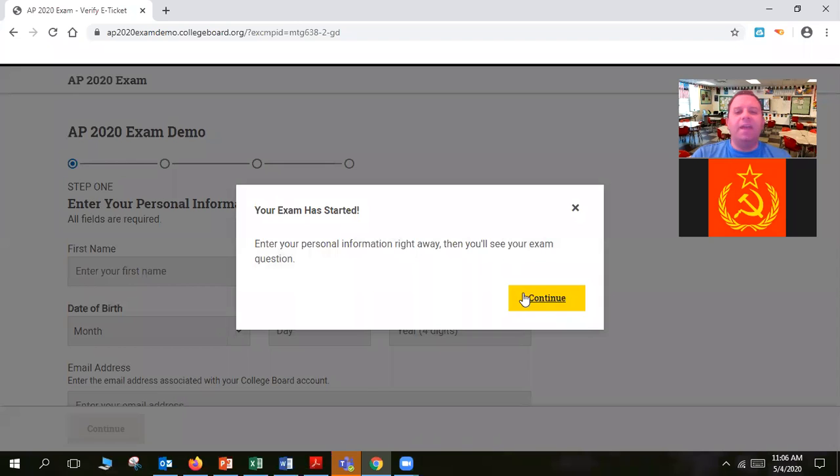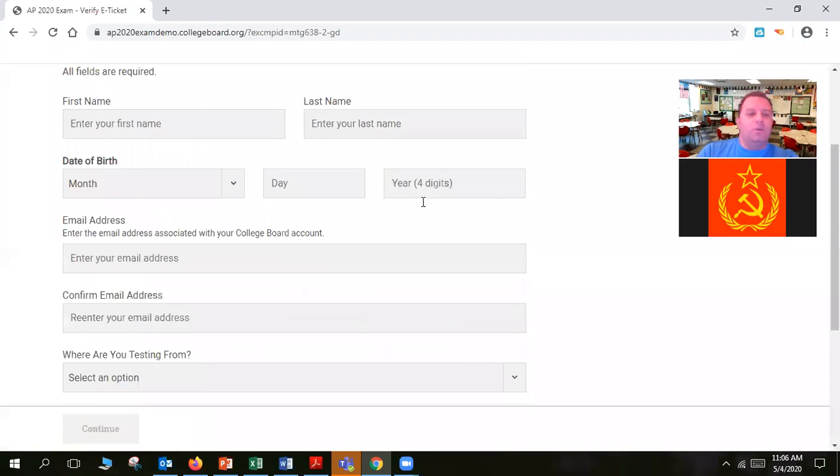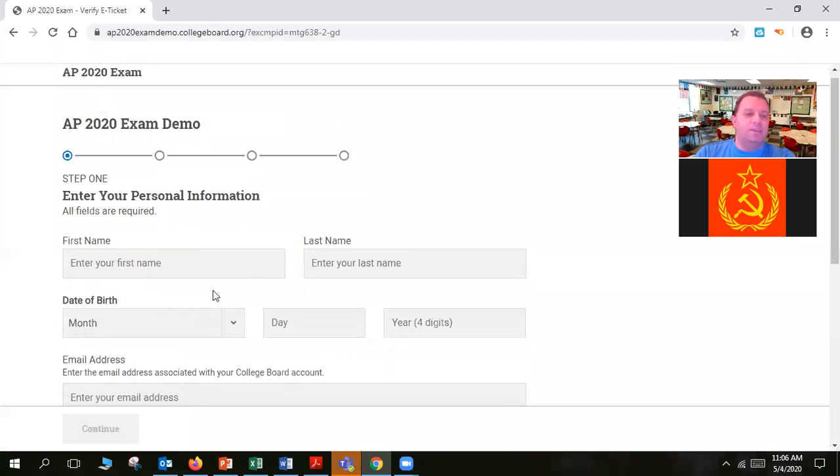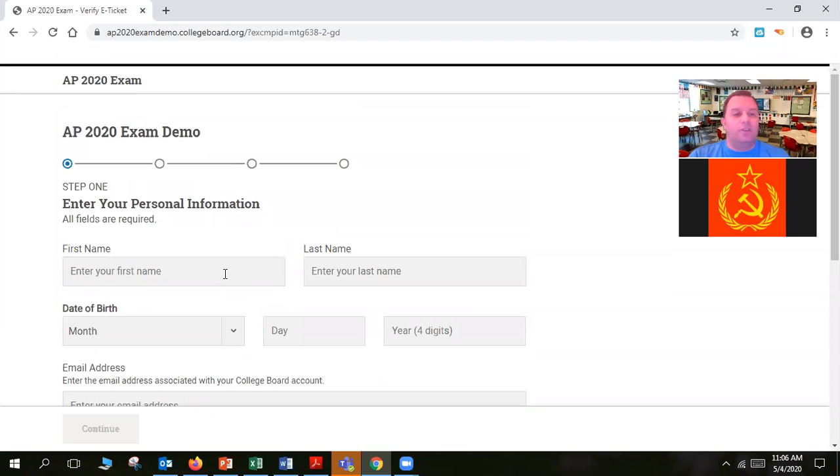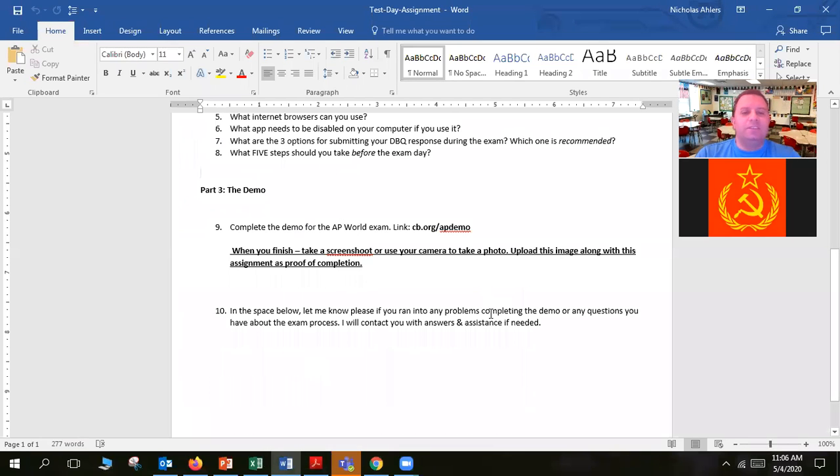And then it's going to walk you through the whole process. I'm not going to go through the whole thing right now, but it's going to make you do exactly what you would do on the morning of or on the afternoon of the exam, okay? And so what we're asking you to do this week for this is very simple. We're asking you to complete the demo.